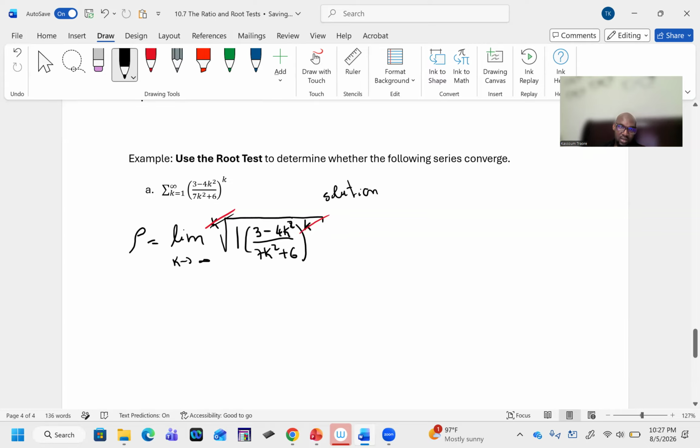Let me write k correct. And then what will be left?